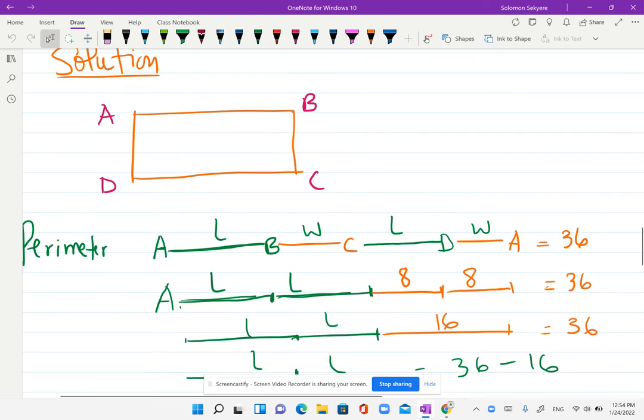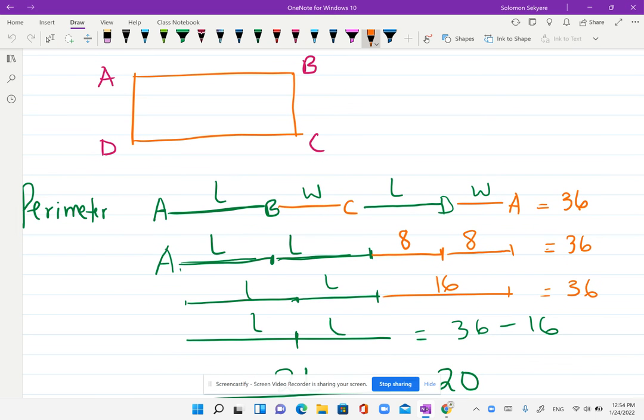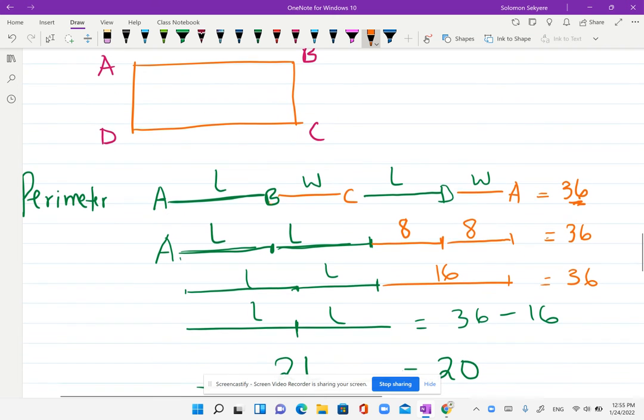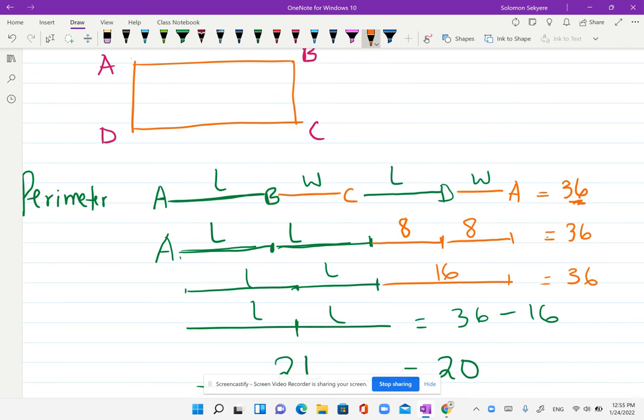Do you remember how we started with perimeter? We moved from A to B, B to C, C to D, all that. And we are told the perimeter is 36. That means when you started from A and moved to B, then B to C, C to D, and back to A, you measured 36 centimeters.